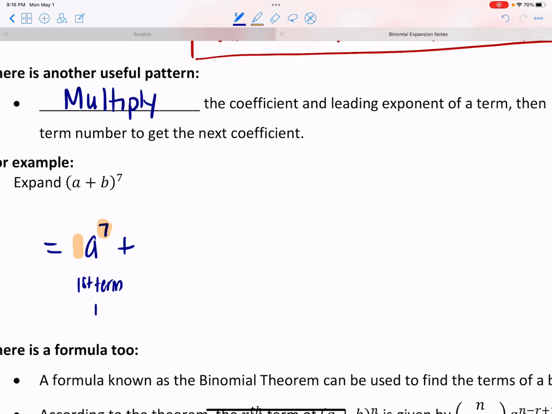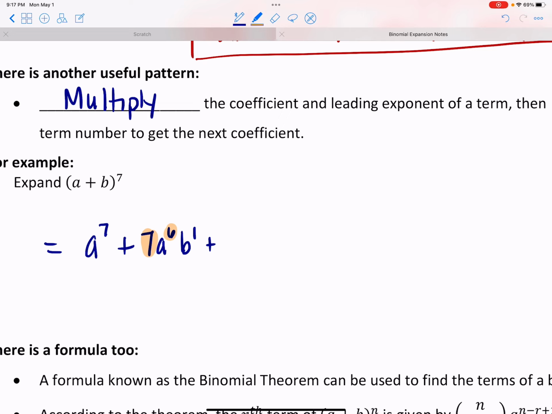So I know my next coefficient is going to be a 7. And that was pretty evident in the triangle as well. So I'm going to have a 7 here. And I know that a to the sixth is going to be there, and I know that b to the first will be there. Now, to get the next coefficient without having to go to the triangle, I'm going to multiply 6 and 7. That's my coefficient and my leading exponent to get 42.